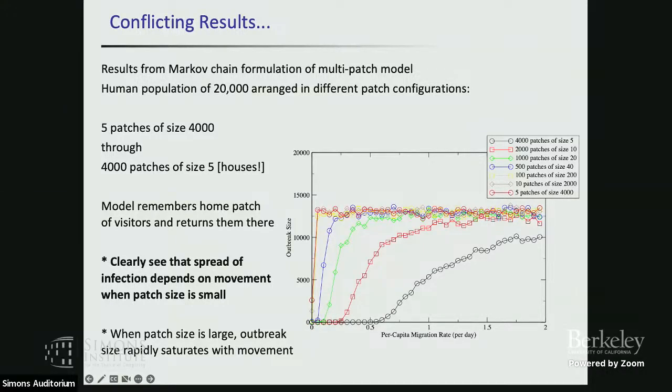And we have some measure of the ability of the infection to spread. In this case, it's outbreak size in terms of the per individual probability of moving from one location to another per day. I would expect that outbreak size does depend, because if you move, you effectively get more susceptibles at your disposal.